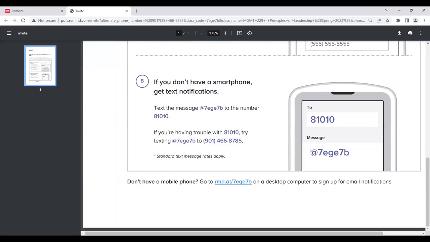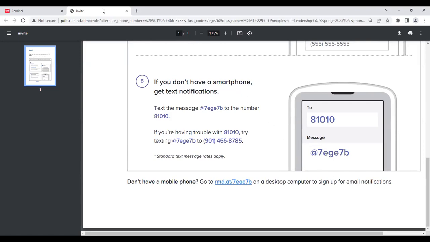Text this message, 7EGE7B, to this number. If this number doesn't work for you, text it to this number. You can do it now so we can check if it's working. You will get a response. Then respond yes to that response by putting your name. I think when you respond yes or put your name, it will put you in my class. Can you do that now?